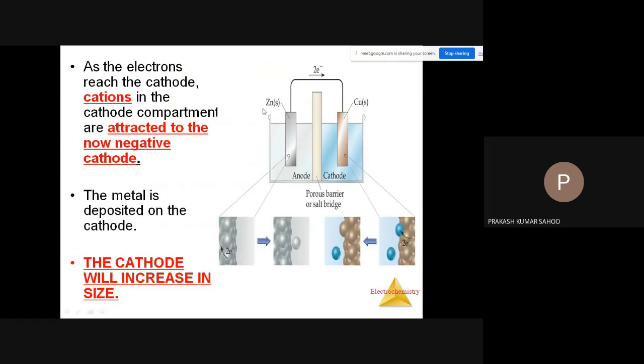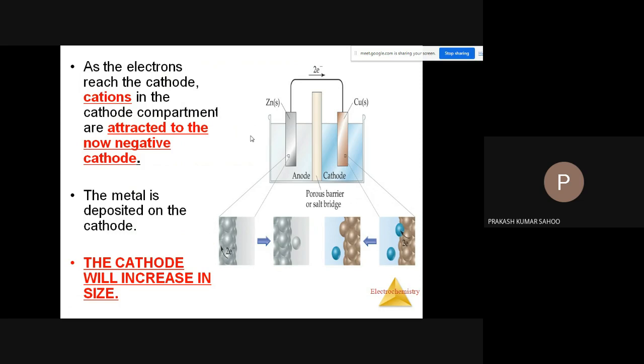Here, the standard reduction potential. What does standard reduction potential mean? It is a reduction potential at standard state. What is standard state? Standard state is where the electrolyte concentration is maintained at 1 molar, at 1 atmospheric pressure, and at a temperature of 298 Kelvin, that is 25 degrees centigrade.